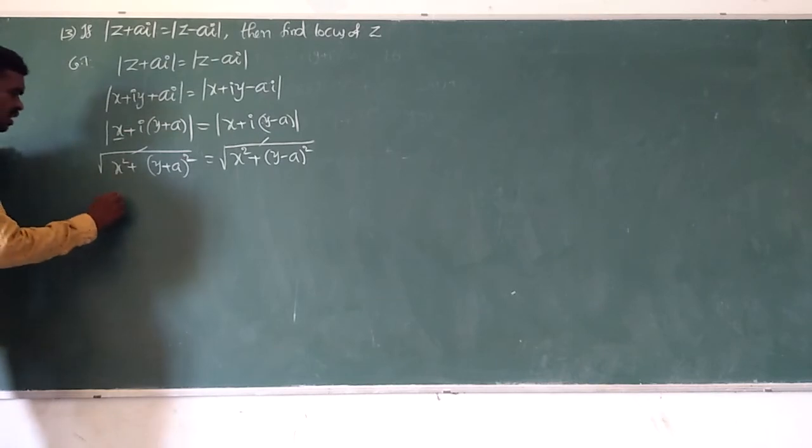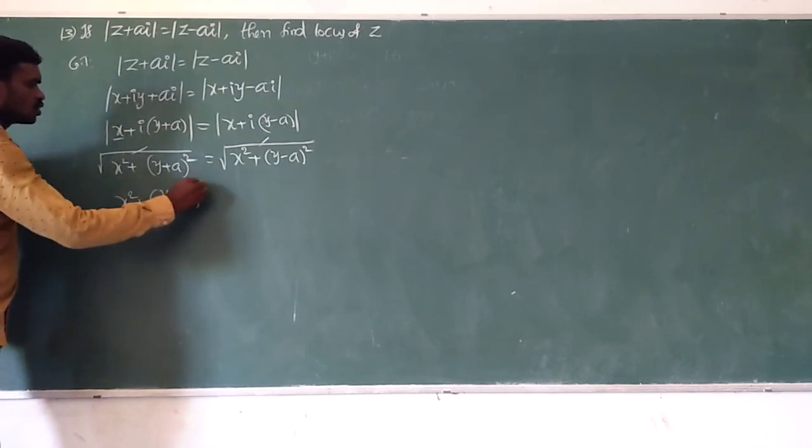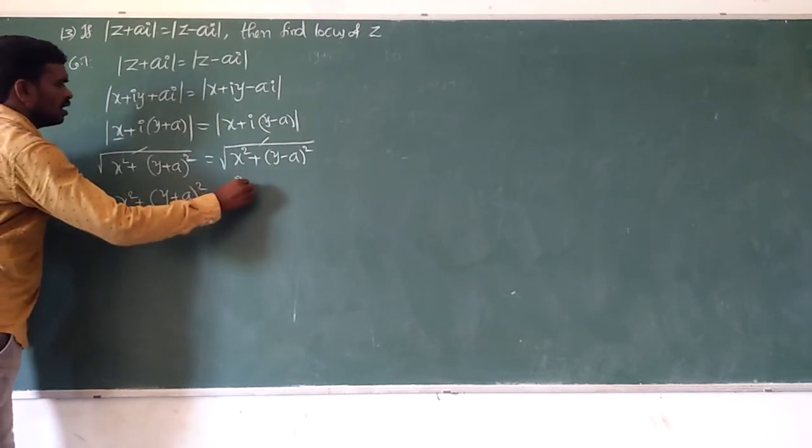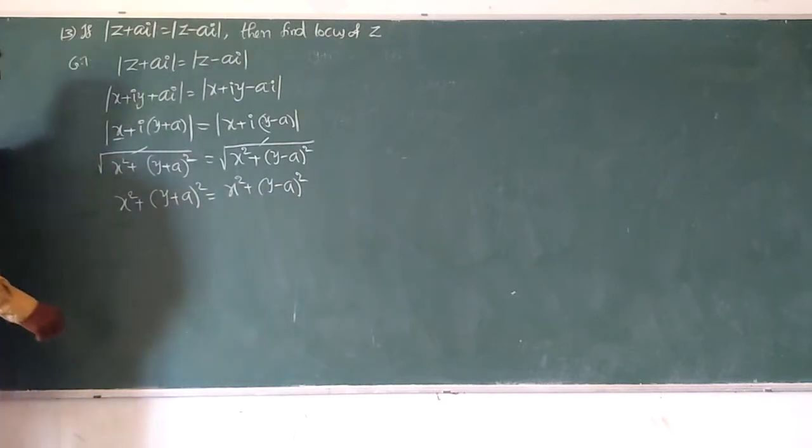So what are the remaining? x square plus y plus a whole square is equal to x square plus y minus a whole square. Now simplify both terms. x square is cancelled.